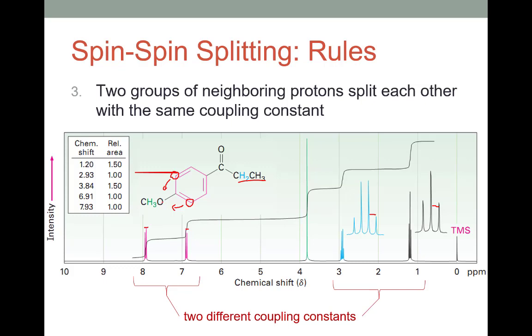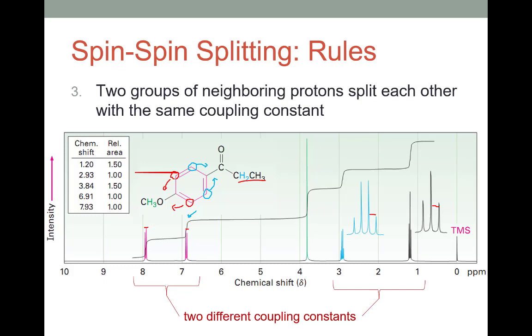Whereas if we look at the other shoulder positions, I'll switch to a different color here for us, those are equivalent to each other. But they're further away from the ether oxygen, and they're closer to the ketone. And so the blue ones likely are these because they're one step away from an electronegative spot, and the red ones likely are the ones at the left.